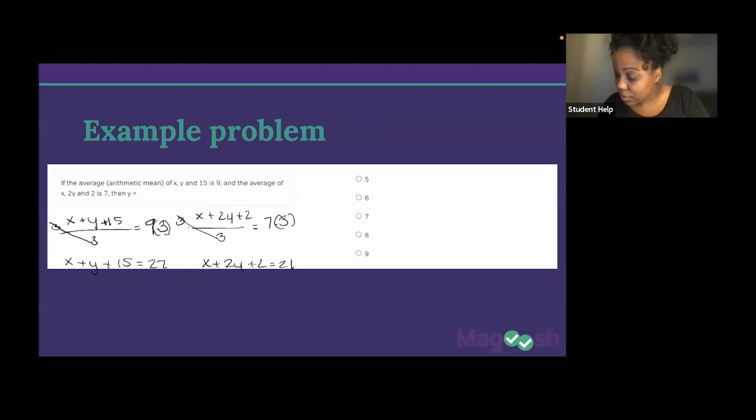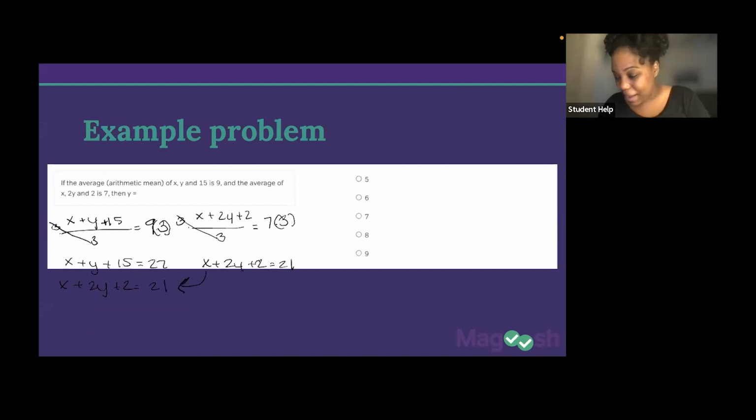That's clear. Okay, so this reminds me of systems of equations. So let me stack my formulas. I'm going to take this and say x plus 2y plus 2 equals 21, right? Now I've got my formulas stacked.